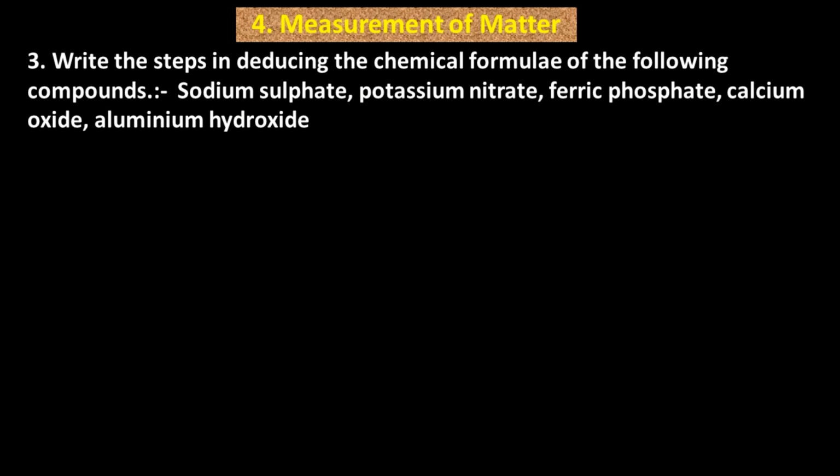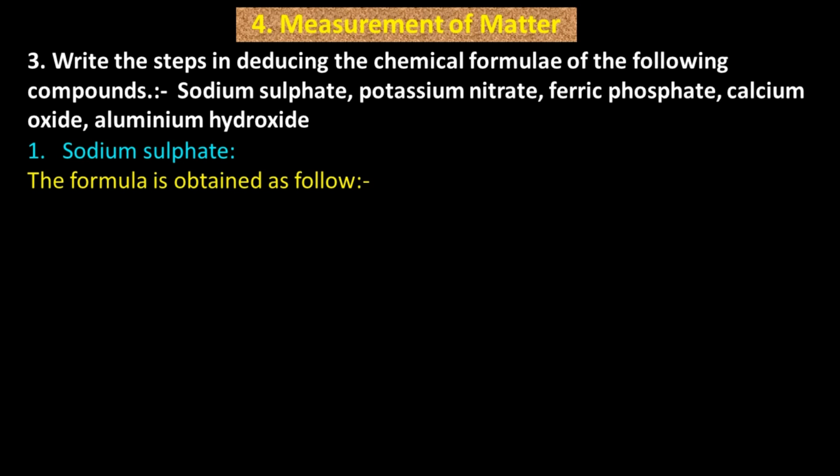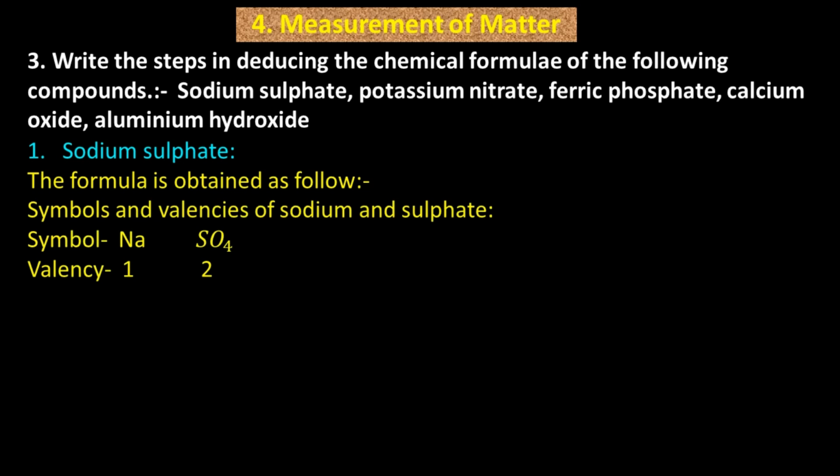Question number 3. Write the steps in deducing the chemical formula of the following compounds: sodium sulfate, potassium nitrate, ferric phosphate, calcium oxide, aluminum hydroxide. 1. Sodium sulfate. The formula is obtained as follows. Symbols and the valencies of sodium and sulfate.